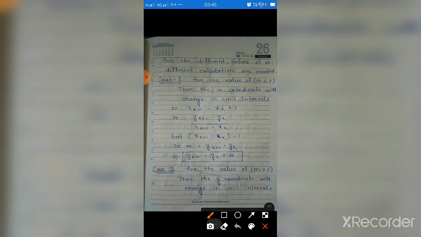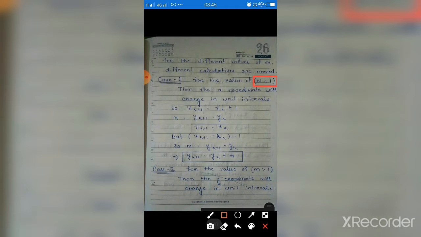First we discuss the case of m less than 1, that means slope less than 1.